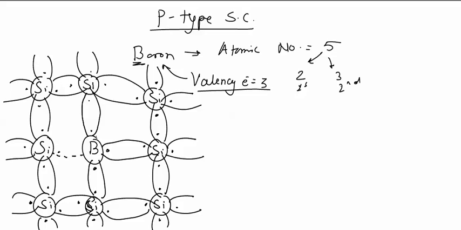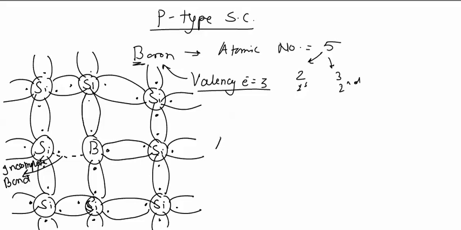Between this silicon atom and boron, there will be an incomplete bond, which will be completed if the boron atom receives an electron, and after receiving this electron, this fourth incomplete bond will be completed.